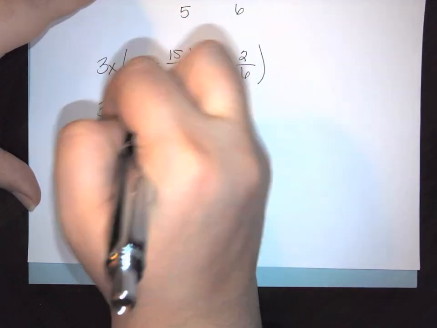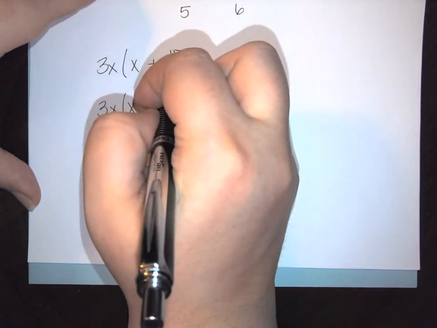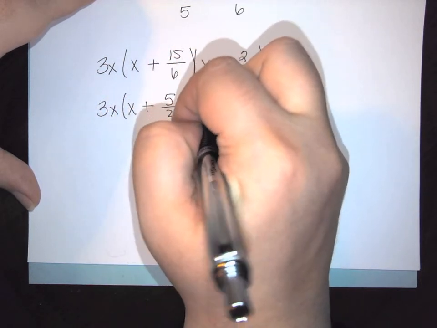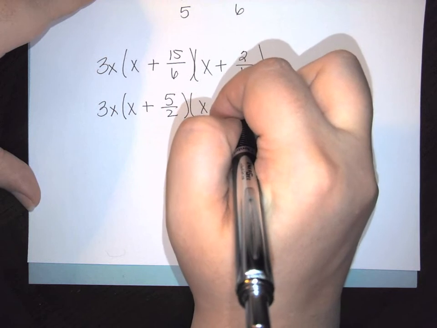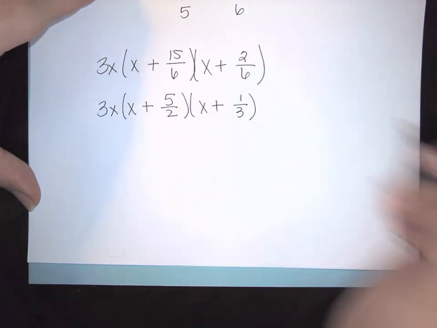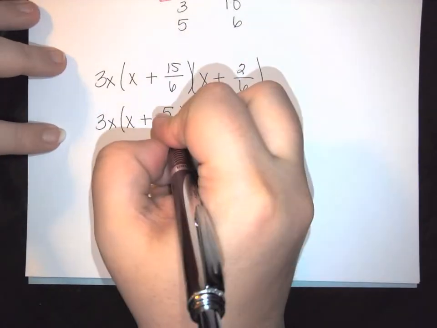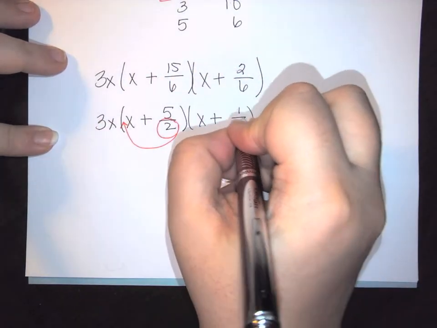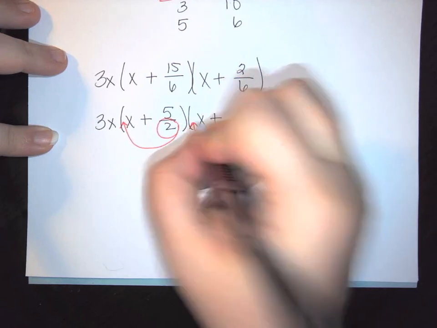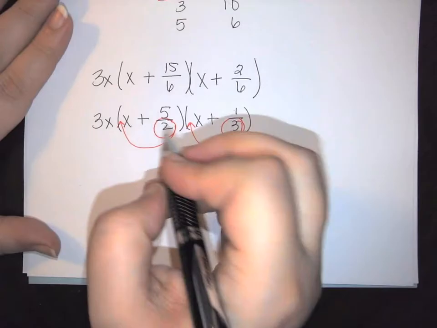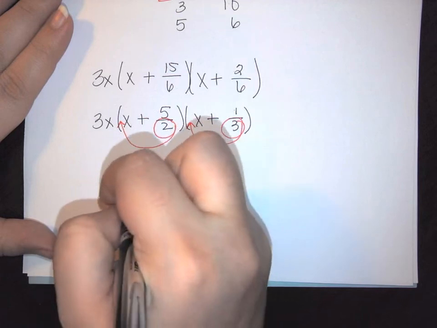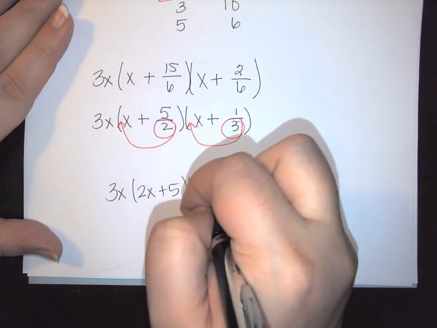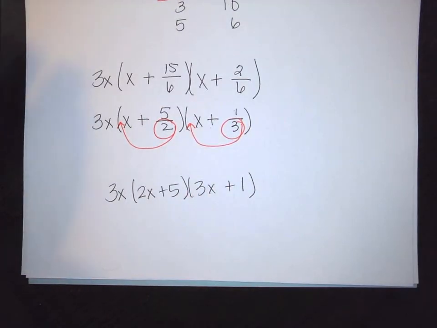So here we're going to end up with x plus 5 over 2, and x plus 1 over 3. Last, I've got a 2 on the bottom here, which can come up, and I have a 3 on the bottom here, which again can come up. Therefore, 3x times 2x plus 5 times 3x plus 1.